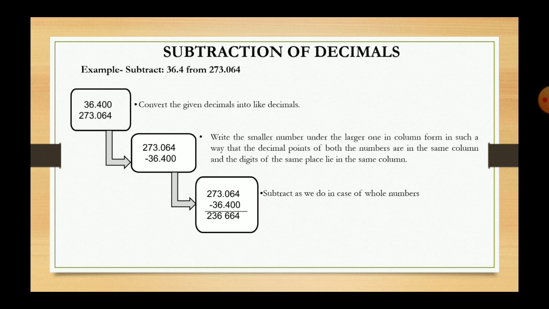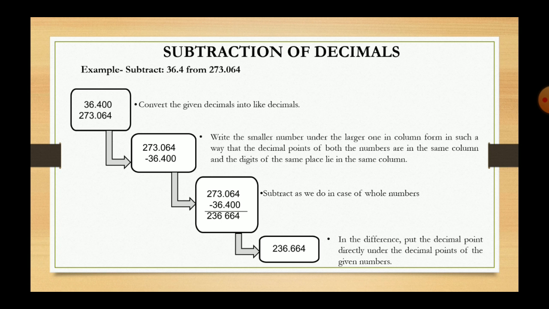So, 273.064 minus 36.400. Subtract these numbers. After subtracting them, you can see your answer is 236.664.